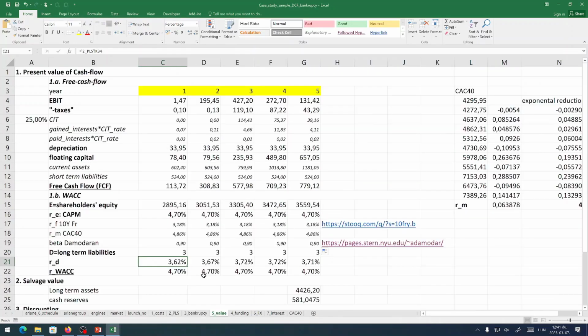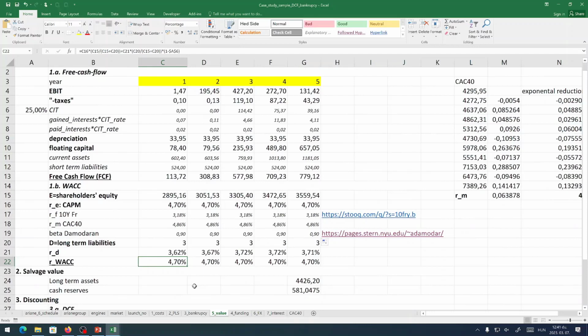We don't want to complicate anything. This is dynamically changing in each year, but practically, since our debt level is ridiculously low, at least in this scenario, it doesn't matter whether it's increasing or decreasing. So we have the weighted average cost of capital for each year, because this one is constant.